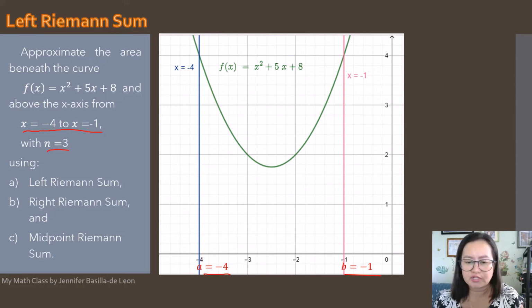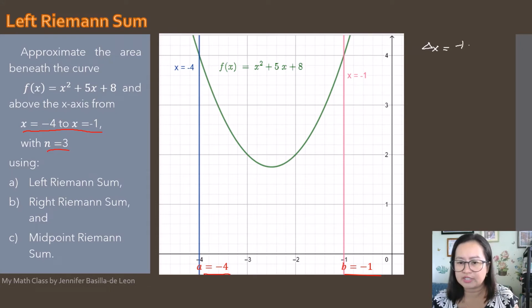So using the formula for delta x, we would be able to find the width of the rectangle. So if we will have b equals -1 and then a is -4, we will divide this.